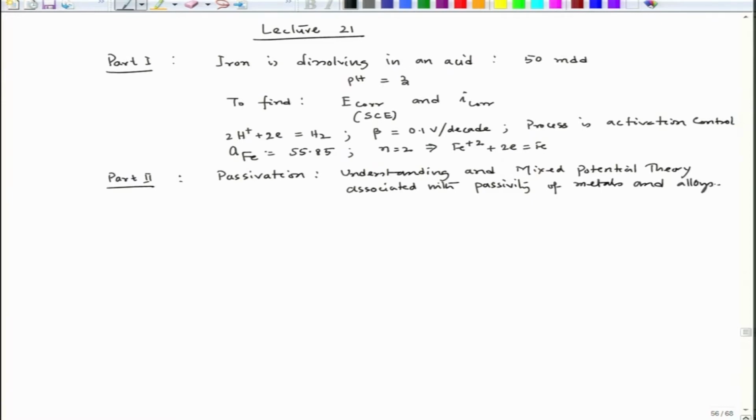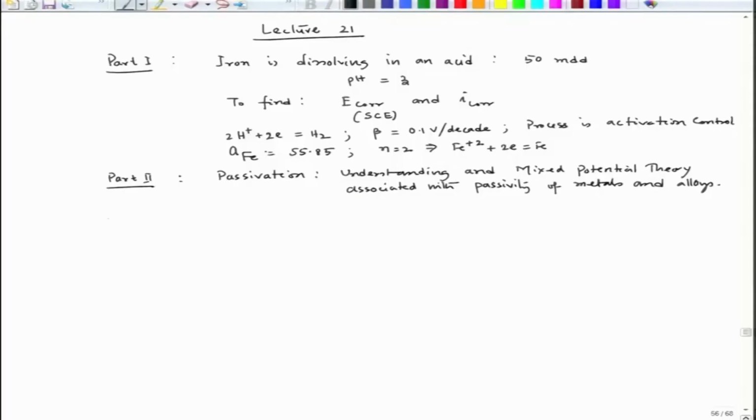So these are the two parts we will try to do today. In fact, once we solve this first problem and the second half of the topic, we will just introduce passivity, and then in subsequent lectures we will keep continuing our discussion on passivation.